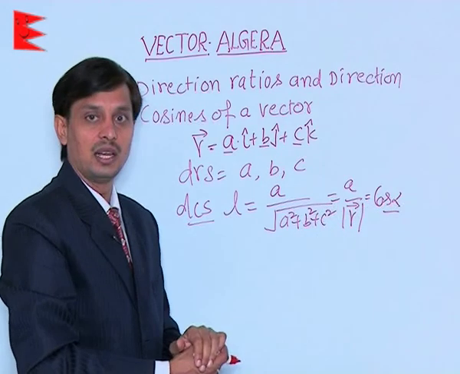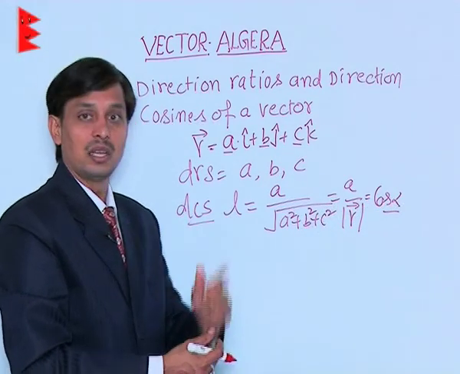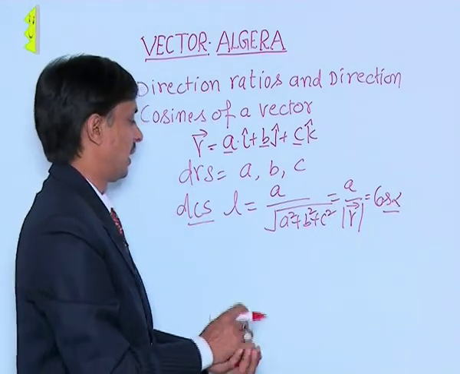Alpha is the angle made by the vector with the positive direction of the x-axis.